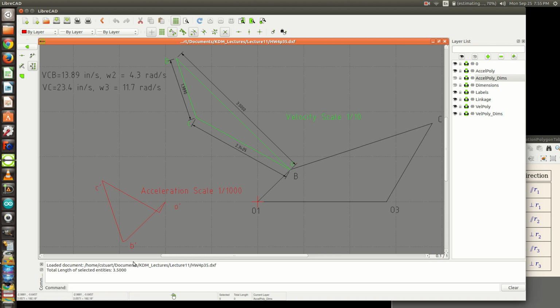I didn't know its length when I initially drew it, so I had to go back to the starting point and draw this line, the normal acceleration of point C with respect to the ground.